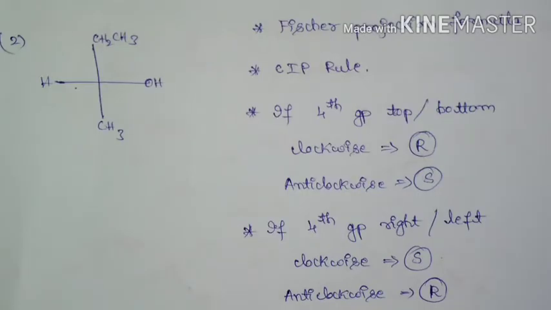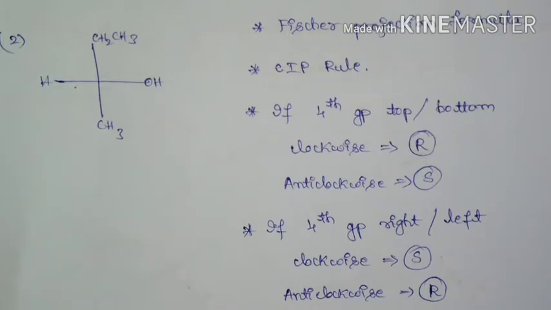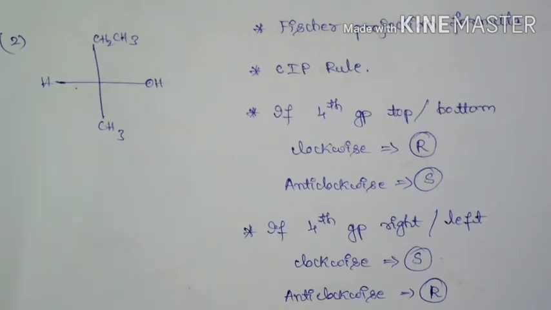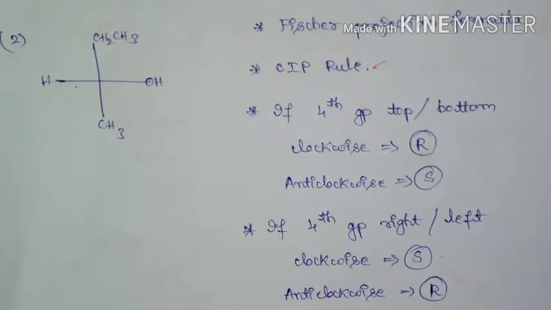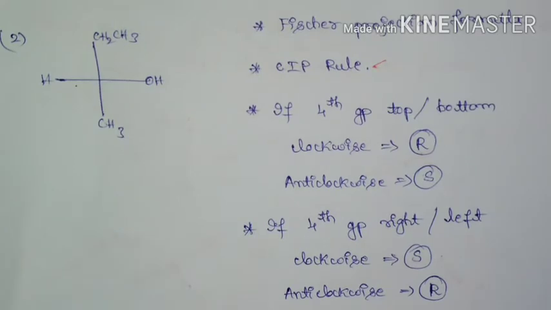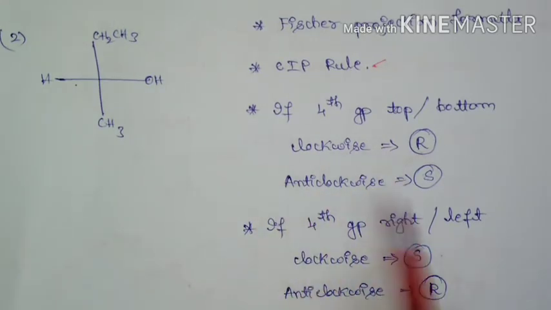Next we will move on to the second compound. The second compound is given in the Fischer projection formula. Here also we apply the CIP rule, and for a Fischer projection we need to remember these points.